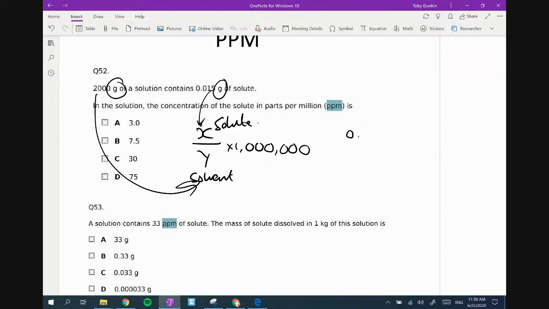Nice and easy. 0.15 over 2,000 times a million. I'm just going to put 10 to the 6 to save time. On my calculator, 0.015 divided by 2,000 times 1 exponential 6 gives me 7.5. And the answer is B. Amazing. Dead easy. Nice, easy start.